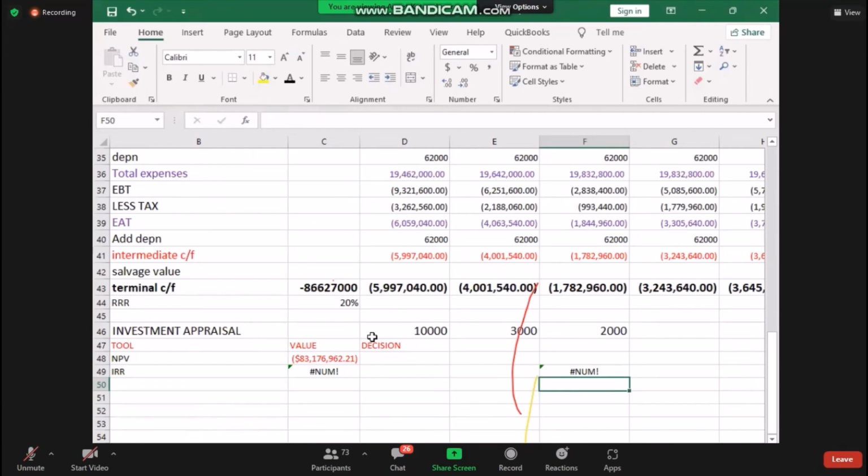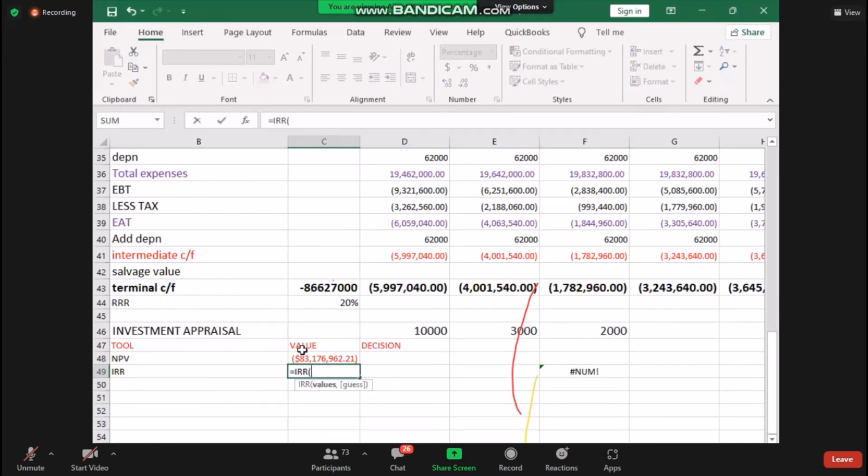Madam, let's try guessing these values here, comma, guess the rate. No, it can't be. It is the right formula.